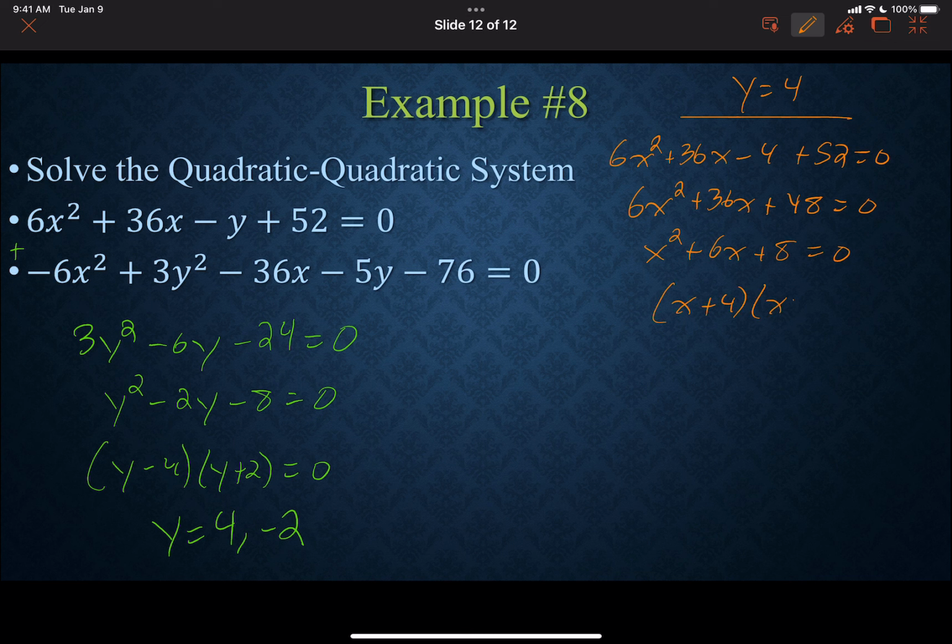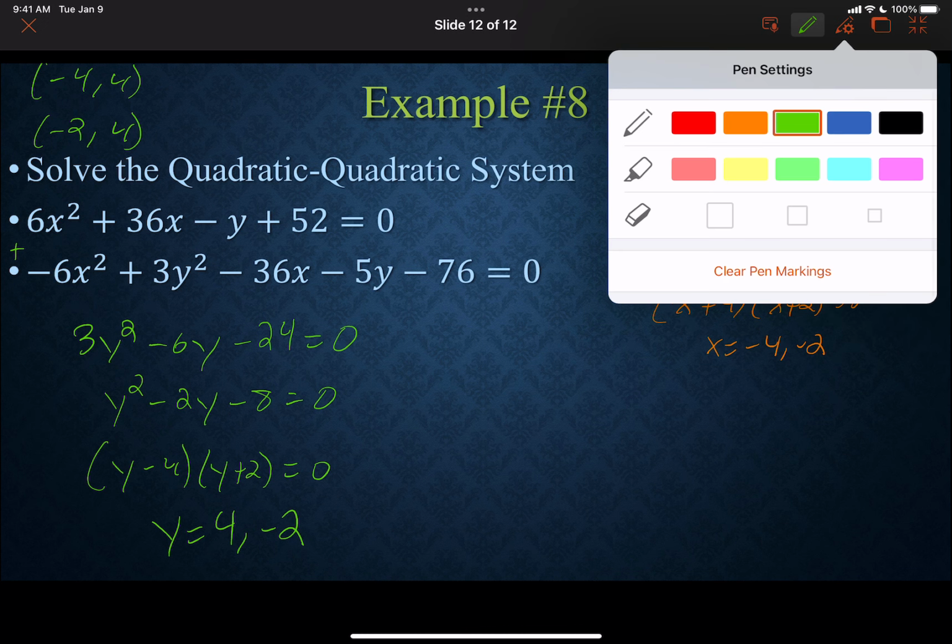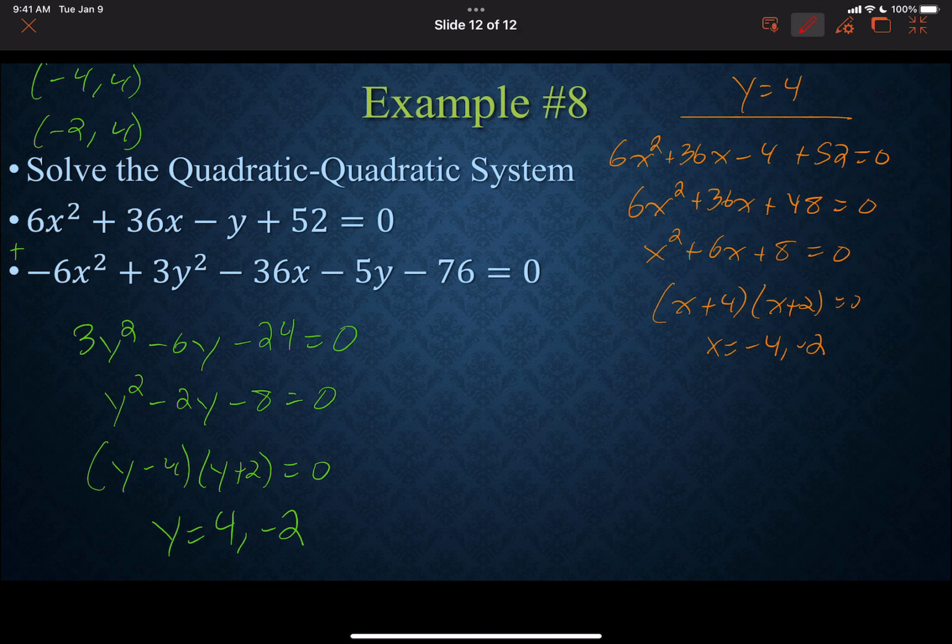So we get 2 x values out of that, negative 4 and negative 2. So 2 answers. We would have negative 4 comma 4 and negative 2 comma 4 for the 2 points of intersection.